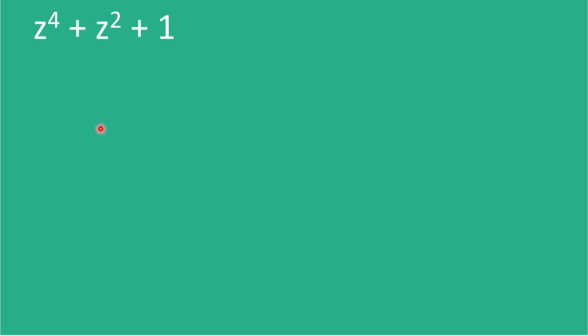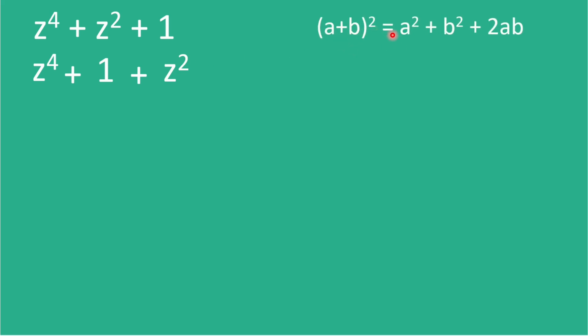So this z power 4 plus z square plus 1, again we can factorize. First of all we will rearrange this as z power 4 plus 1 plus z square, and then we will use the similar algebraic identity a plus b all squared equals a squared plus b squared plus 2ab.